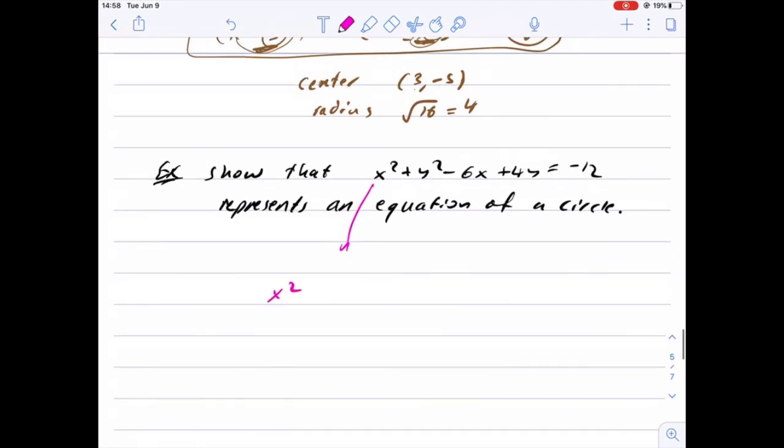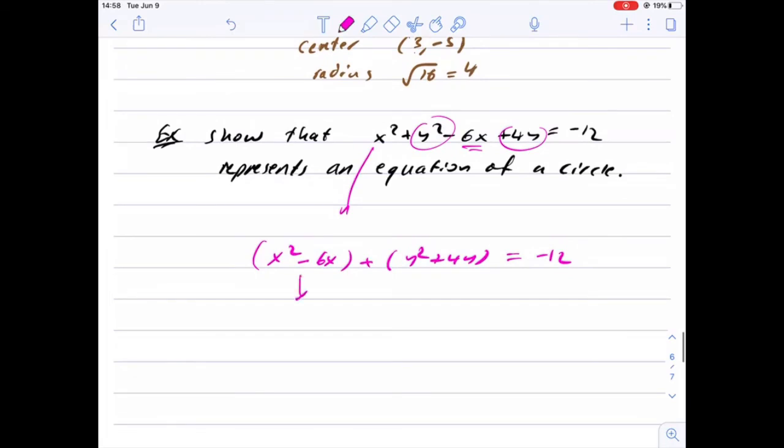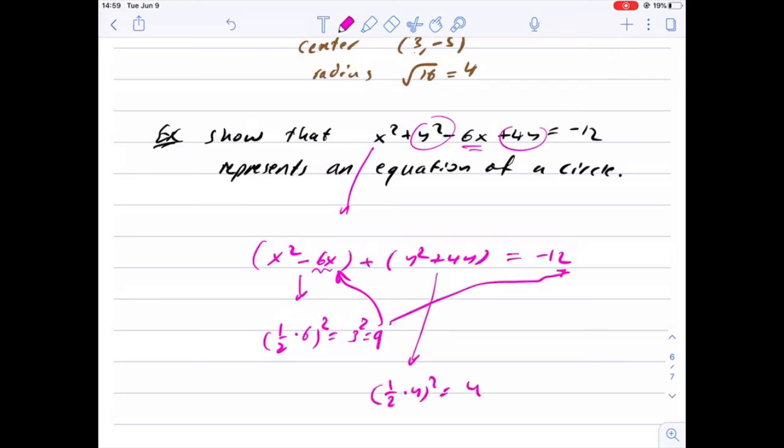So we have x squared minus 6x, we group them, plus y squared plus 4y, and to the right hand side negative 12. And then we complete the square. 1/2 of the coefficient of x, which is 6, is 3, squared is 9, so we add it here and here. And then same thing for y squared. So 1/2 times 4 is 2, squared is 4, and we add it here and here.